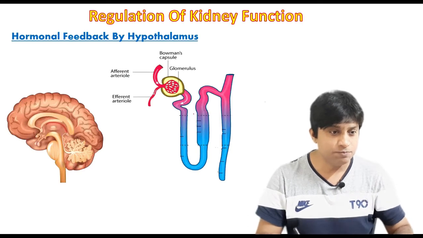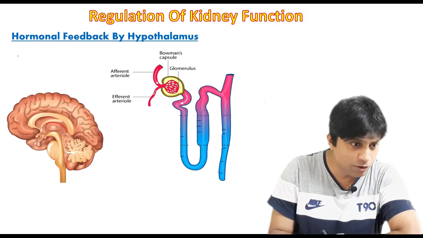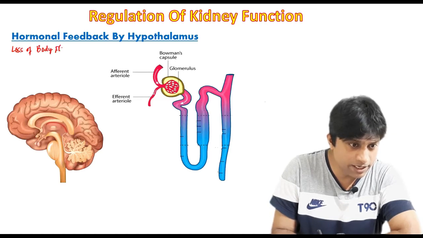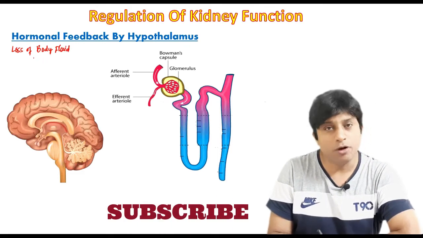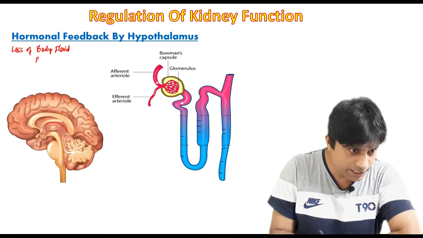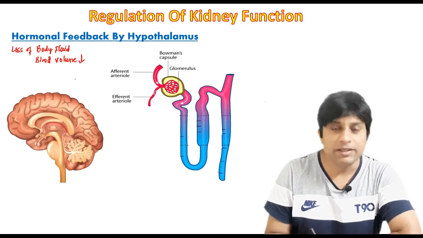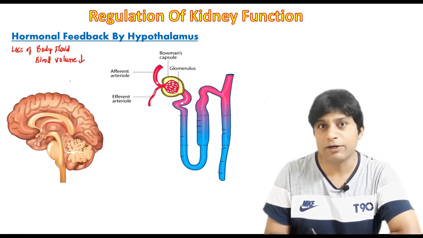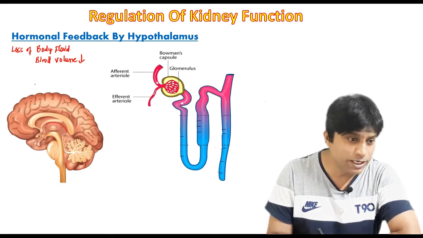Fine. So when this feedback mechanism operates in the body, if there is a loss of body fluid, so there is excess loss of body fluids, or the fluid volume or blood volume in the body comes down, or there is a loss of electrolytes in the body, in such cases, we have some specific osmoreceptors.